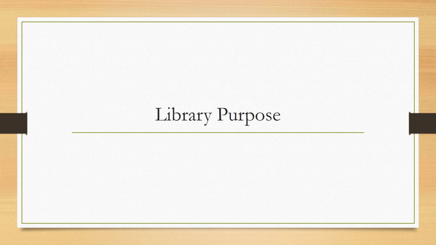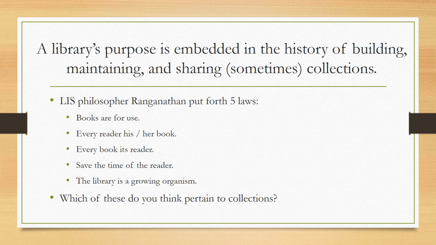So libraries, as you found in reading the Collection Management Basics book, Evans and Saponaro talk a lot about what a library's purpose is. It's embedded in the history of building, creating, maintaining, and sharing. Sometimes we share collections. Sometimes we build them for very, very private use, right?